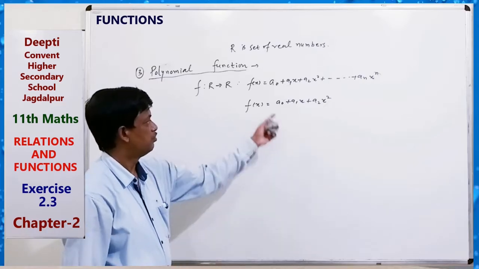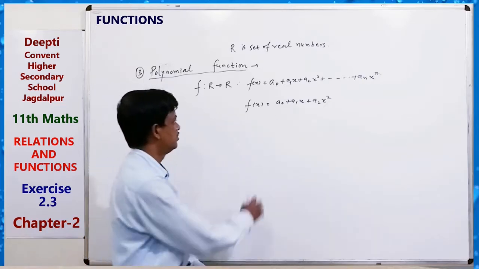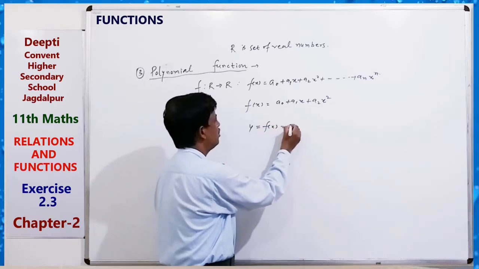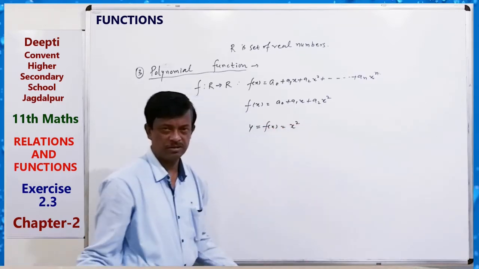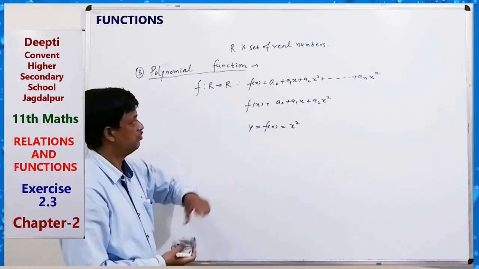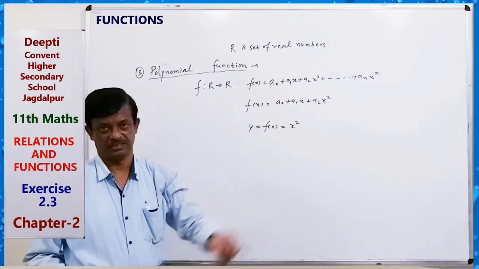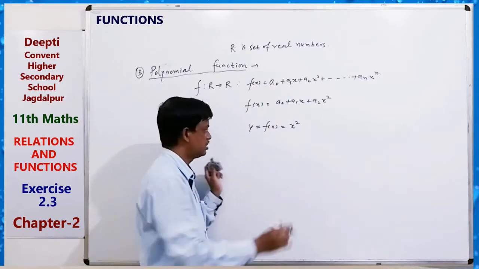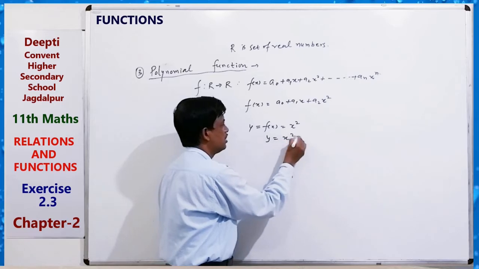Clear? Polynomial function. For example, y equals f(x) equals, suppose taking only x square. It depends on the polynomial what the range will be. Here, suppose y equals f(x) equals x square.